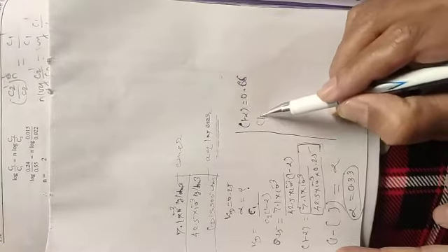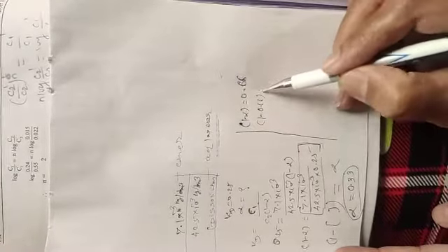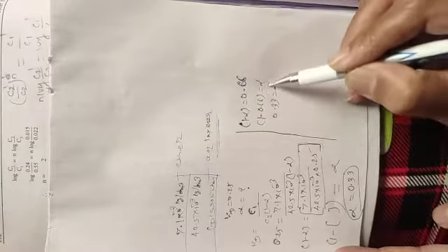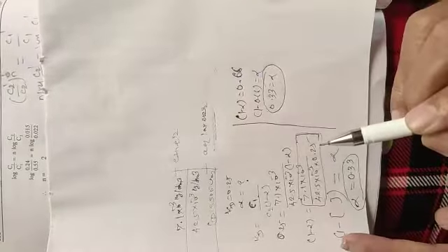That's why 1 minus 0.66 equals alpha, and it will be 0.33. This is the final answer.